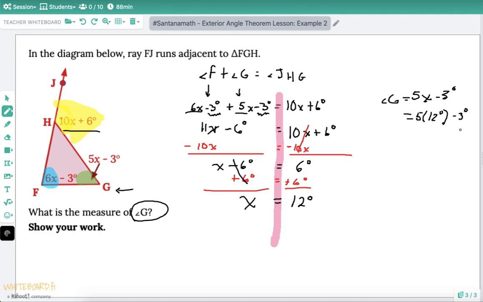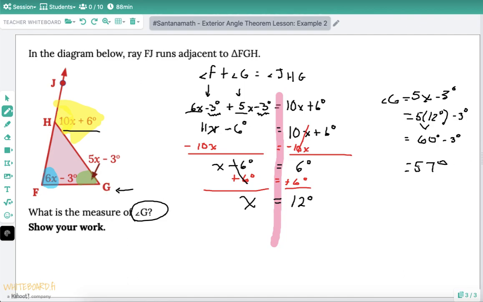As I said before, at this point, you could type that into the calculator and you'll definitely get your answer. You'll get here 57 degrees, but I'll show you the steps when you are asked to show work. So 5 times 12 is going to be 60. Take away 3.